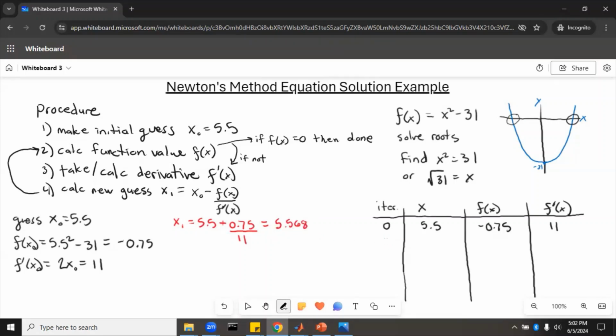Okay, so iteration 1, now we have 5.568. Then we can continue and say that f of x1 is 5.568 squared minus 31, which equals 0.00465. Okay, so much closer.